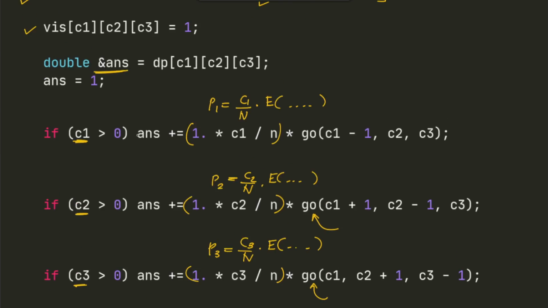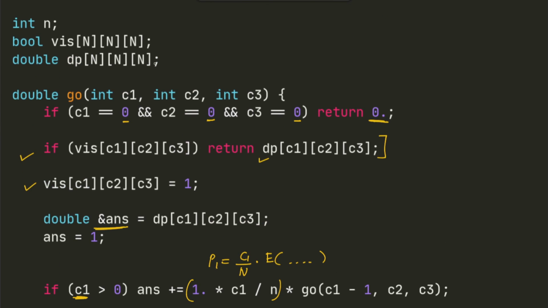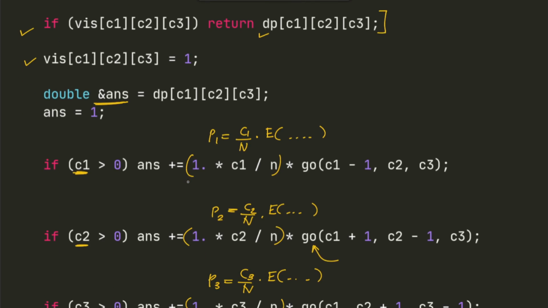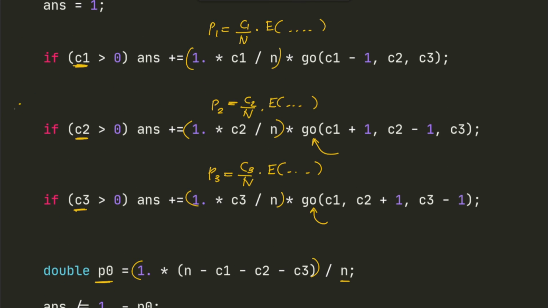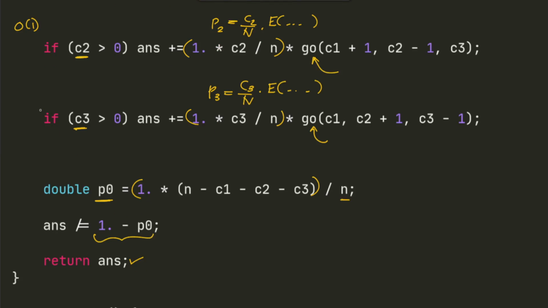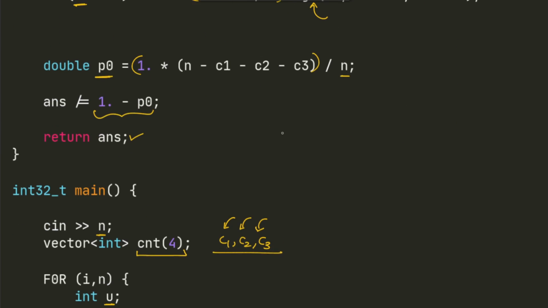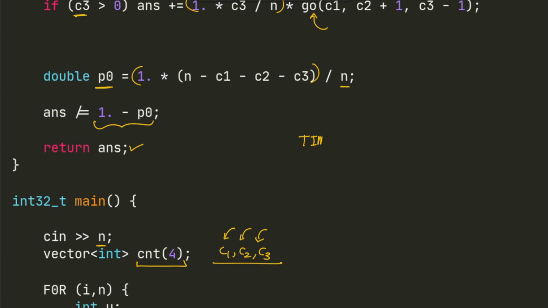The time complexity for this is the number of unique values the state can take: n values, order n values for each of these three variables, and there are only three transitions, which is constant time, hence the total time complexity will be order n cube. And the space would also be the same.